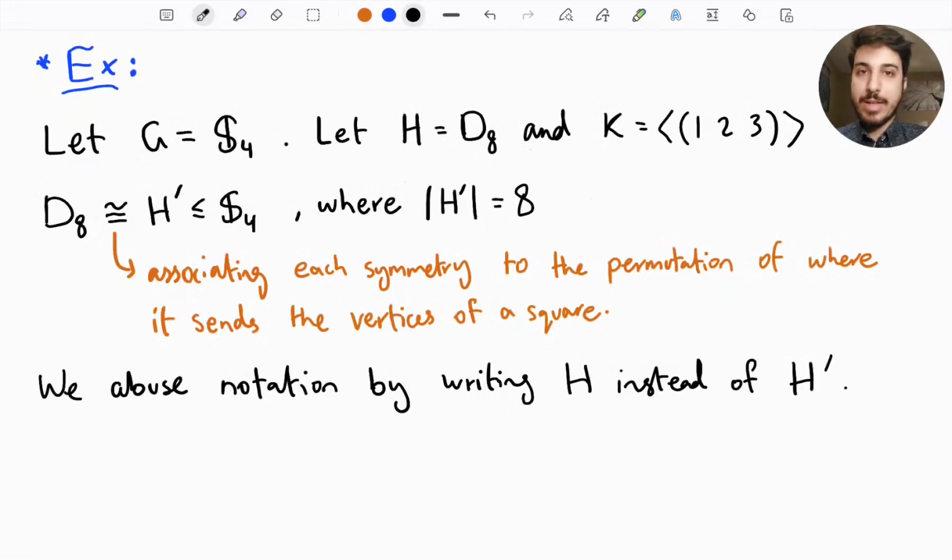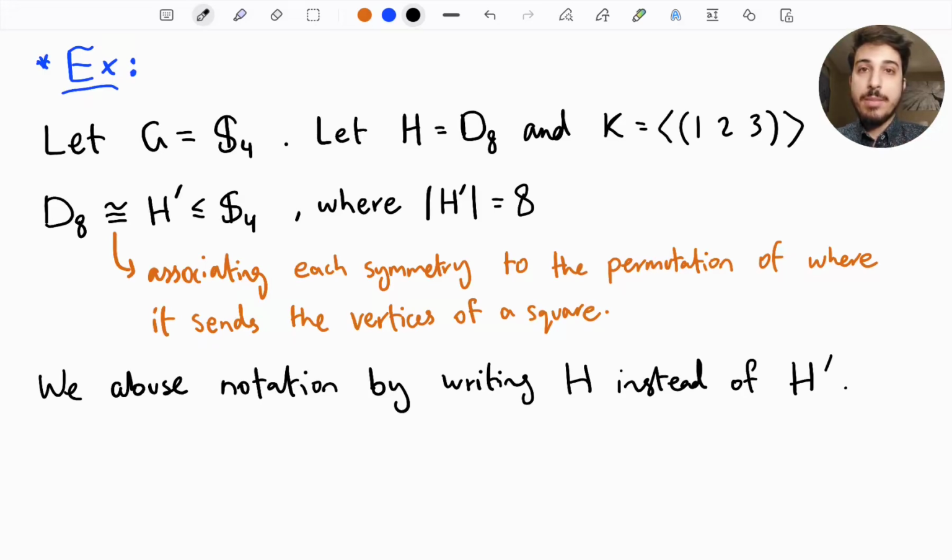Let us now have a look at a nice example using the symmetric group and a dihedral group. We will be using both propositions in this example. Let G be the symmetric group of 4 elements, S4. Let H be the dihedral group of a square, rotations and reflections of a square, D8.